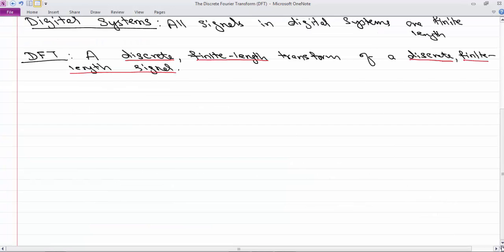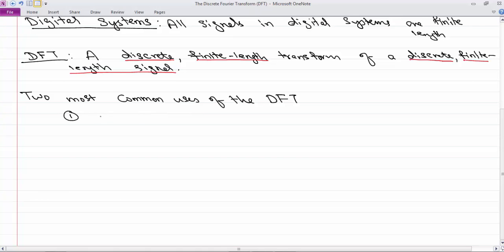So the two most common uses of DFT, number one is approximation, and as we said, we'll see later what is the relationship between DFT and DTFT.